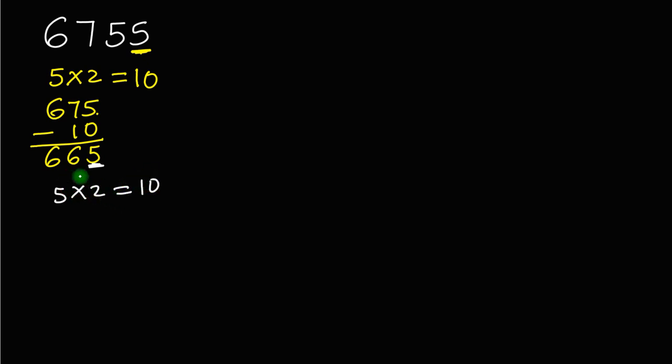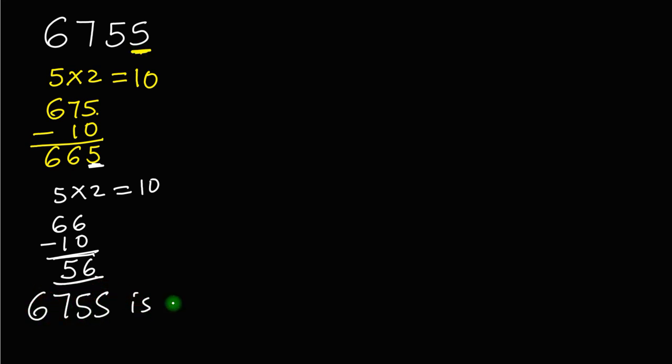So let us again subtract 10 from the remaining digits, which is 66. 66 minus 10, we get 56. And 56 is divisible by 7. So we say that 6755 is divisible by 7.